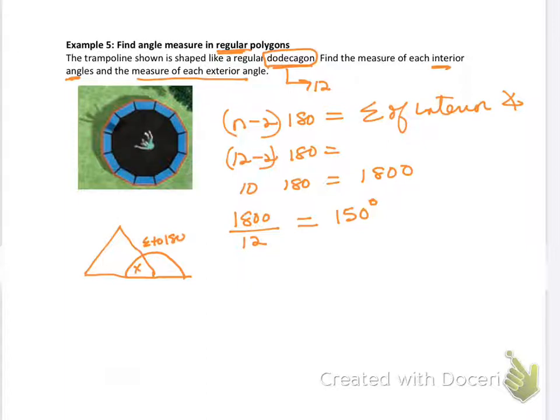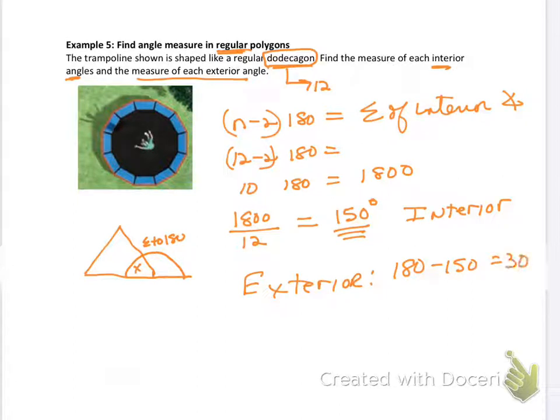So if I know that the interior angle equals 150, then the exterior angle has to be 180 minus 150, which is going to be 30, because 30 and 150 sum to 180.